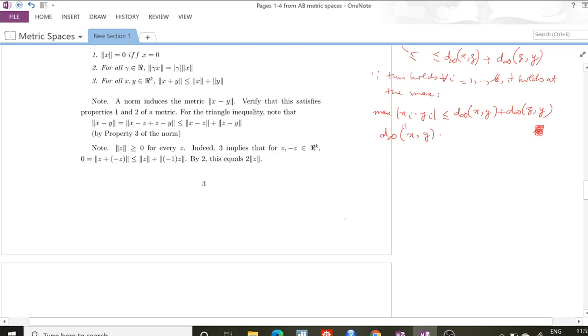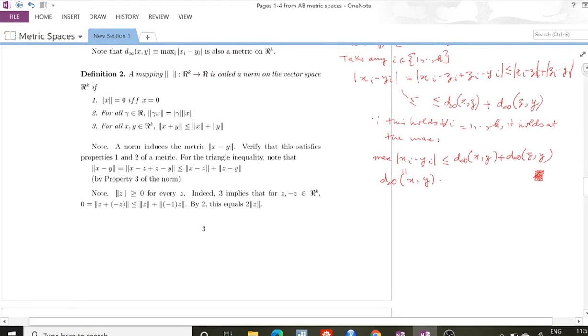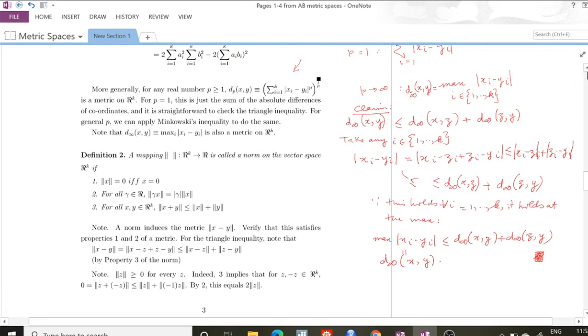So in some sense associated with metrics is the notion of norms. So first, let's define a norm for Rk seen as a vector space, okay?